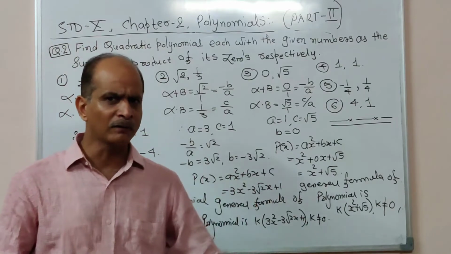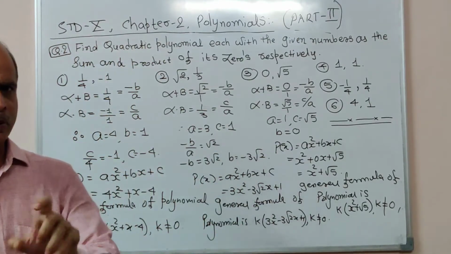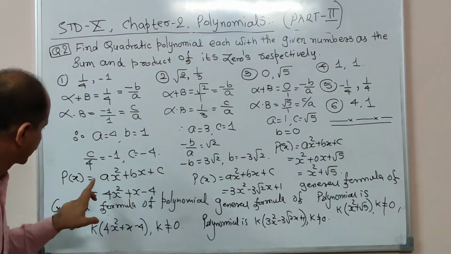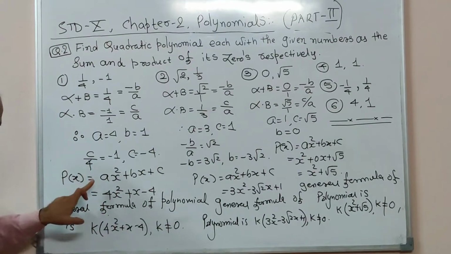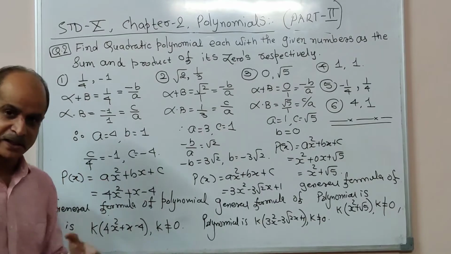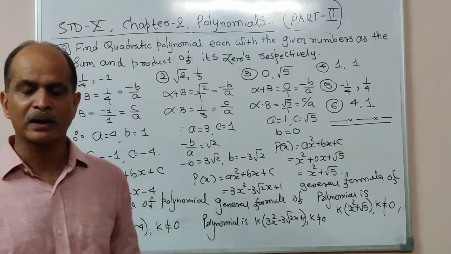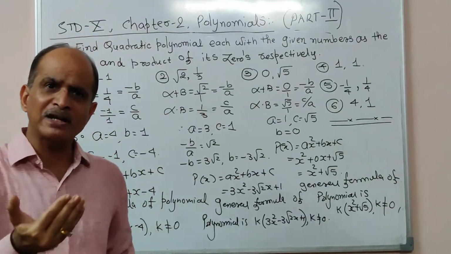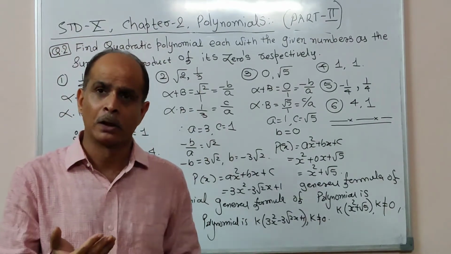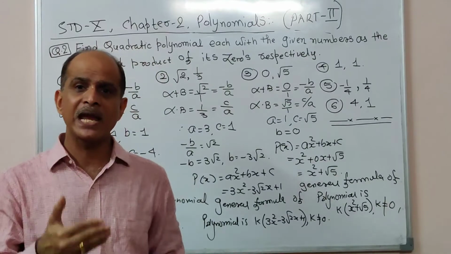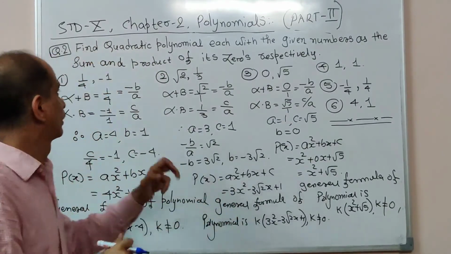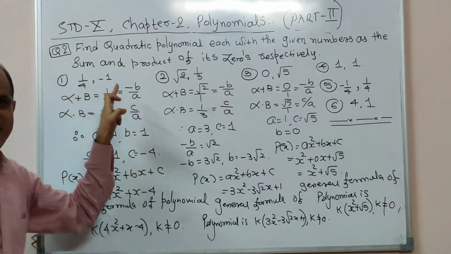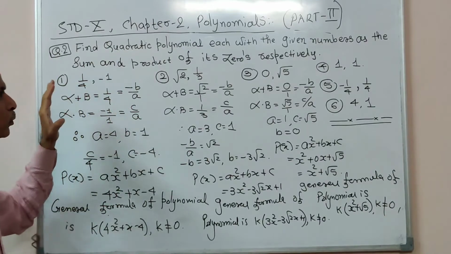If you find the values of a, b, c and put them in the general form ax square plus bx plus c, you will easily find the quadratic polynomial. So let me explain the procedure: how to find a, b and c from alpha plus beta and alpha into beta.